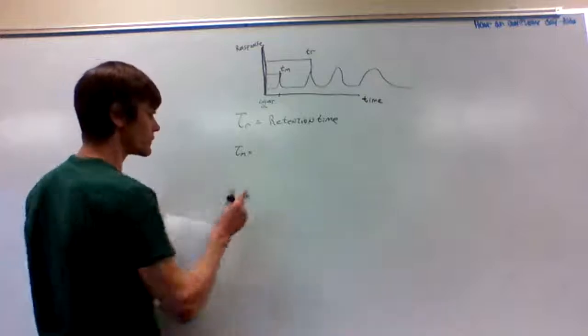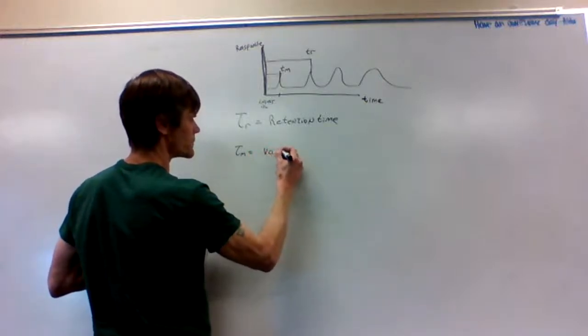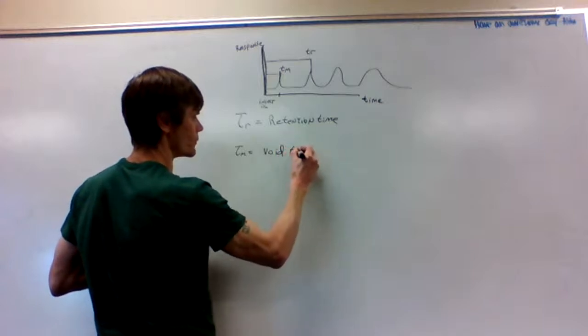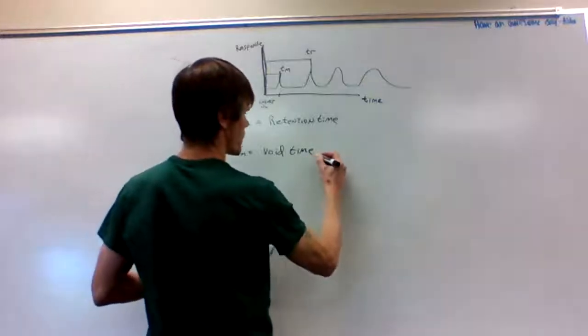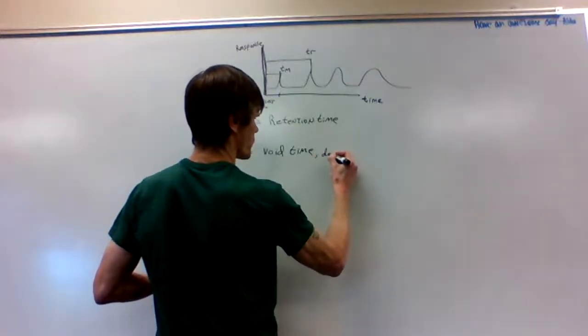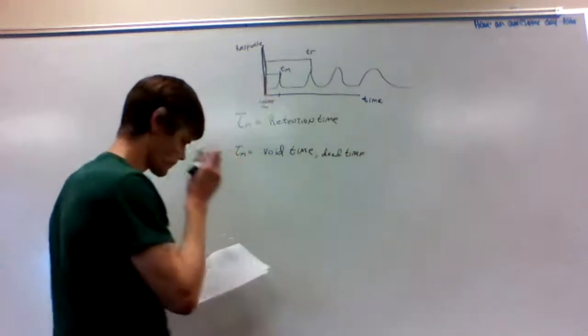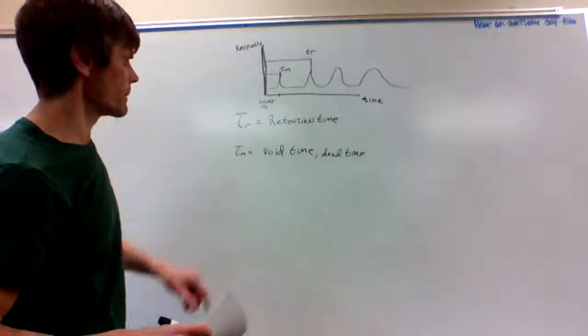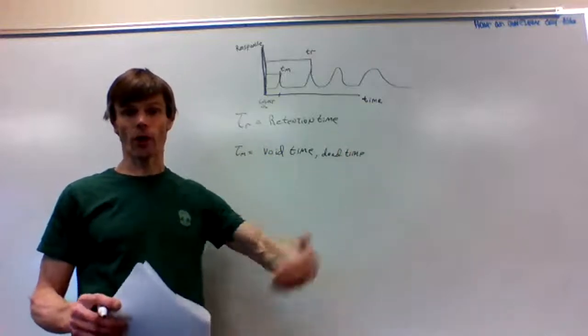And this T sub M is sometimes known as void time or dead time. Now, this is the time for an unretained species to travel through the column.